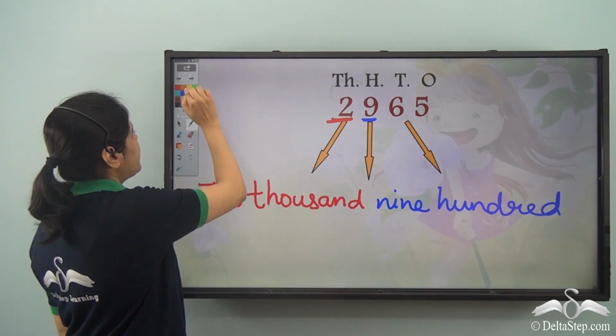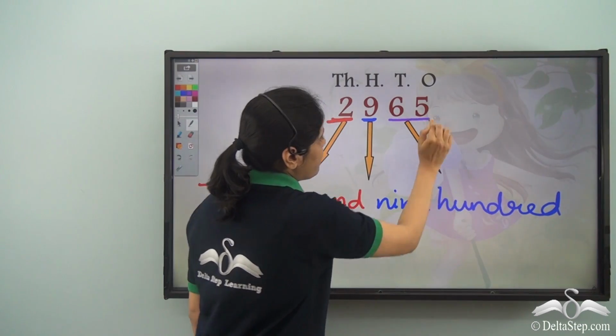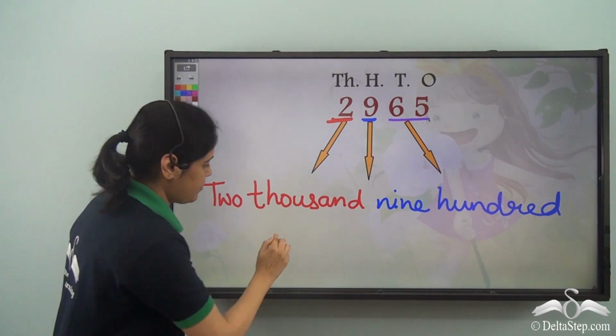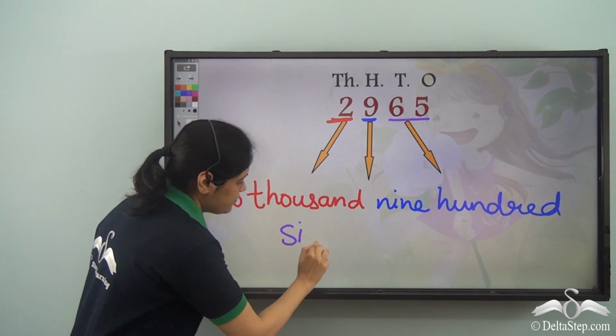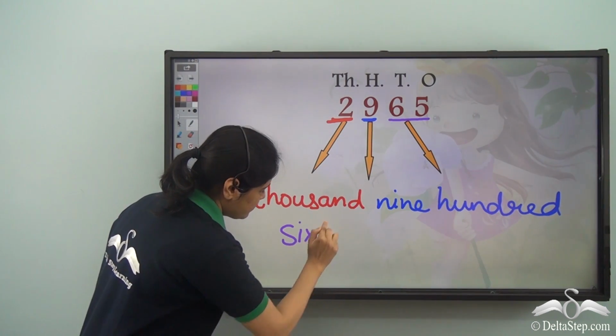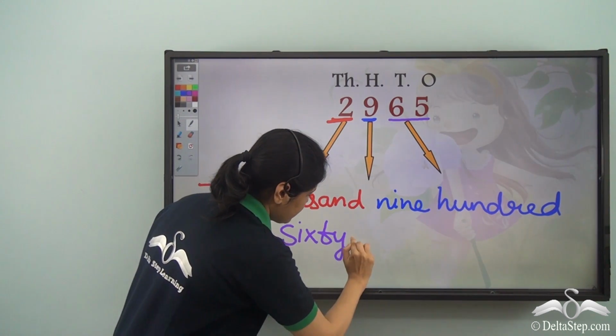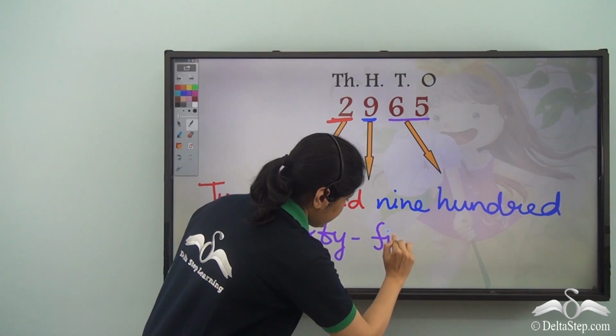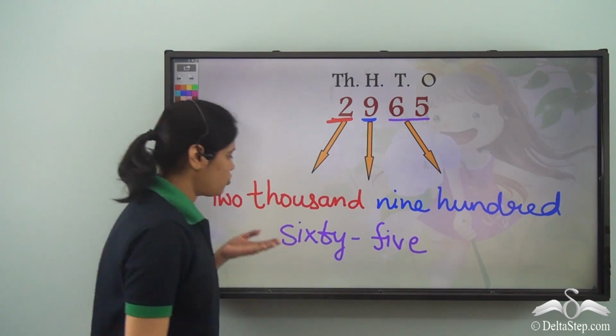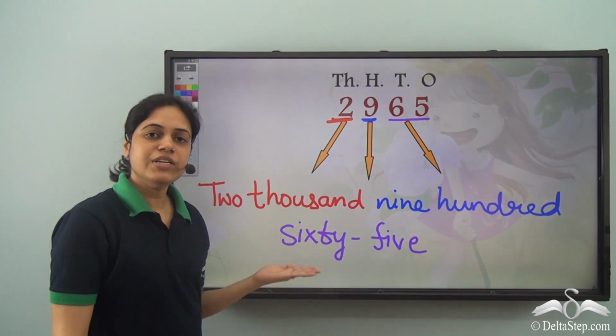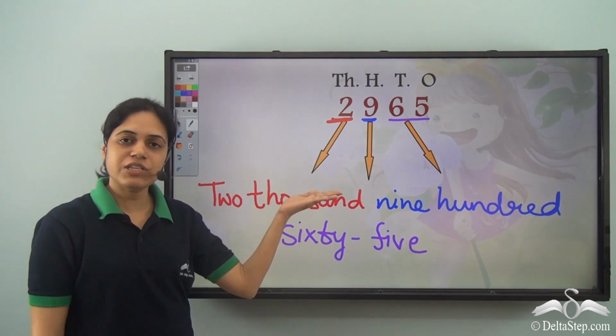And the third part is 65, sixty-five. So two thousand nine hundred sixty-five is the number name of this number.